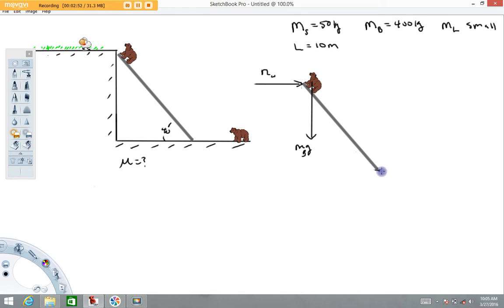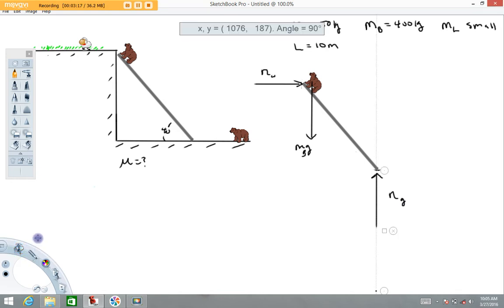Don't really need this. All right, another important force right there, we're going to get a normal force, and that's the force supporting the ladder. So I'm going to go ahead and put that force up. All right, that's the normal at the ground, so I'm going to tack a little G on there.